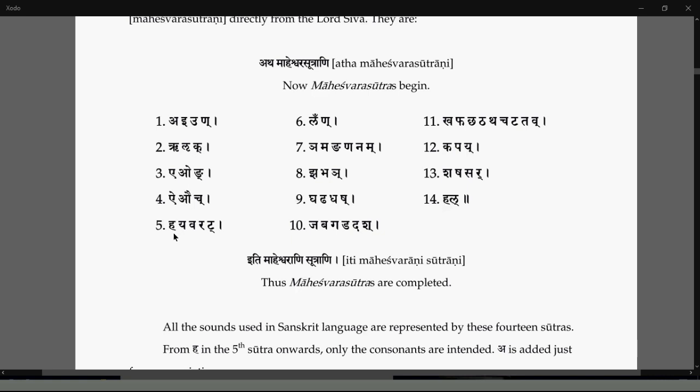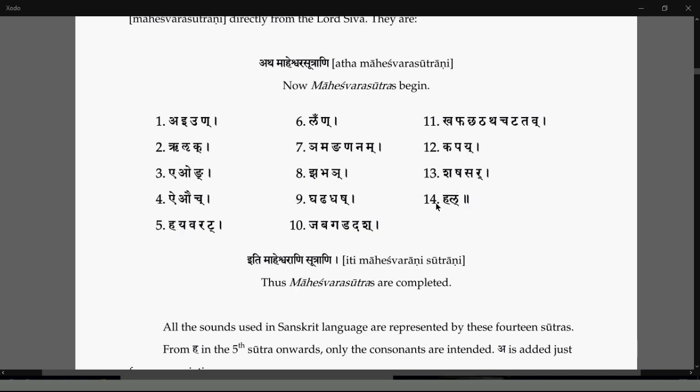Further, from the 5th sutra, it is hayavarat, lan, the lakara is nasalized here, nyamangananam, jhabanj, ghadhadhash, jabagadadash, khaphachhathathachatatav, kapay, shashasar, hal. So here this hakara from the 5th sutra, ha, to this lakara in the last 14th sutra is hal.